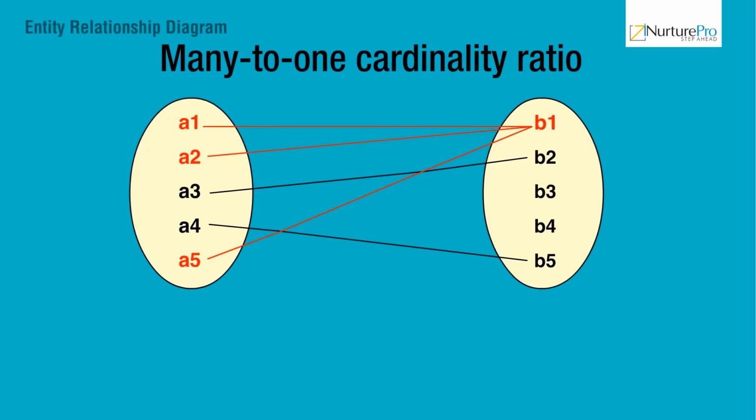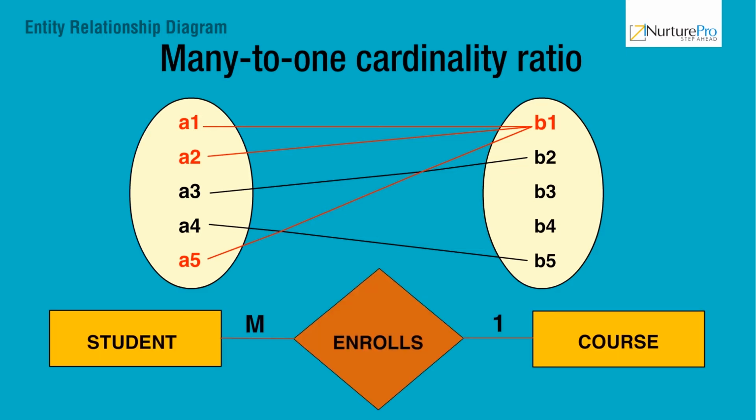In many-to-one cardinality ratio, an entity in A is related to at most one entity in B, but an entity in B is related to any number of entities in A. For example, more than one student can enroll for one course.